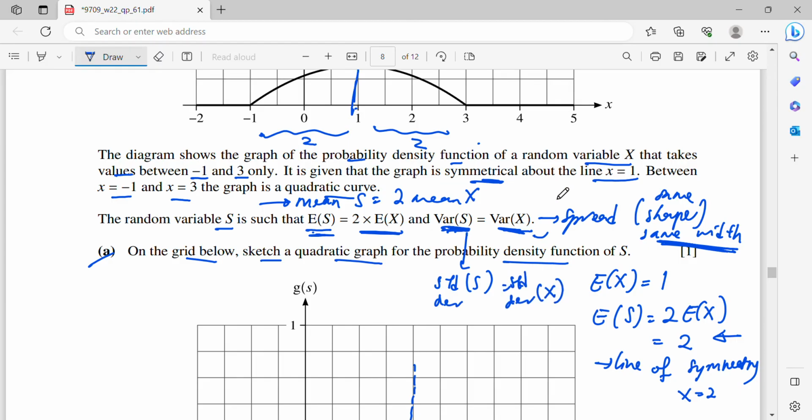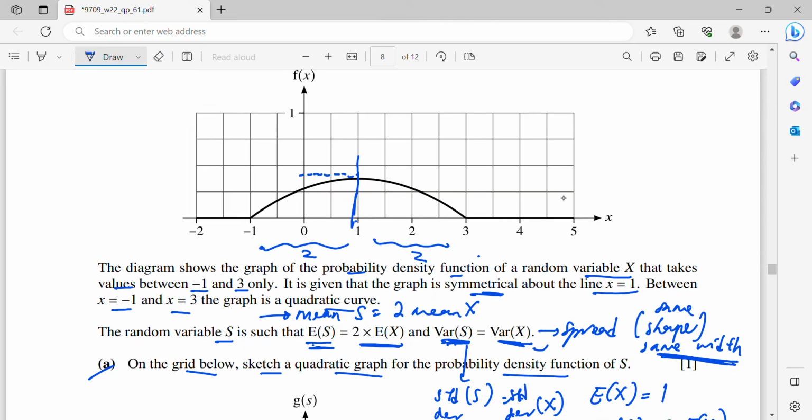Based on the original graph, here is 1, that means this is 0.5. Somewhere here, the mid of this is 0.25. The mid of 0.25 and 0.5 is 0.375 when you calculate.